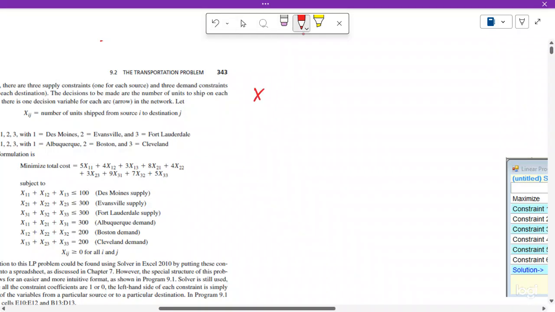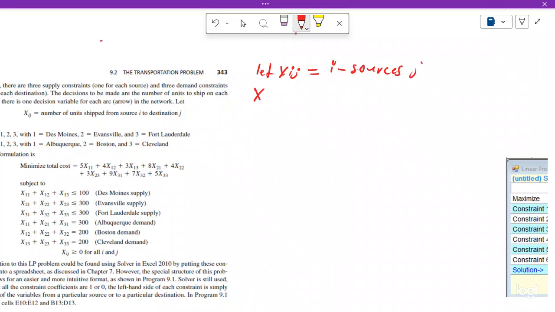So I must just say let Xij equal, whereby I is your source and then J is your destination.